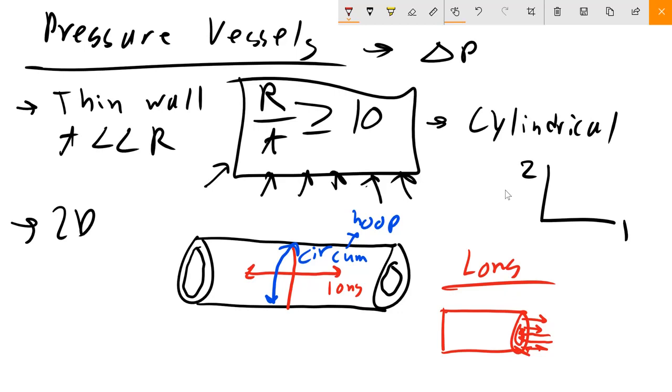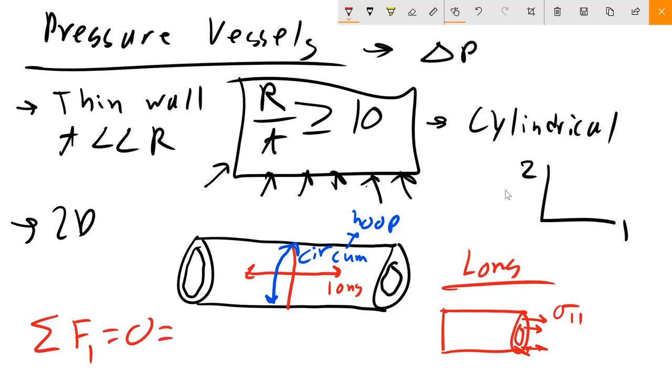So this is the force from delta P. Actually, let me redo this here. The force opposing along this interior ring is this longitudinal force, sigma 1,1. For the longitudinal, our goal is to have the sum of the forces in the one direction be equal to 0.